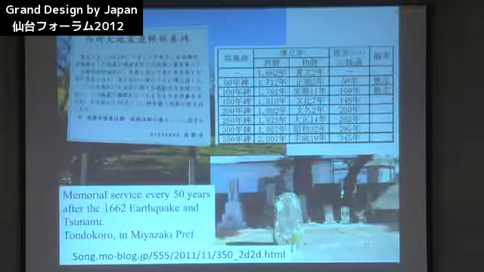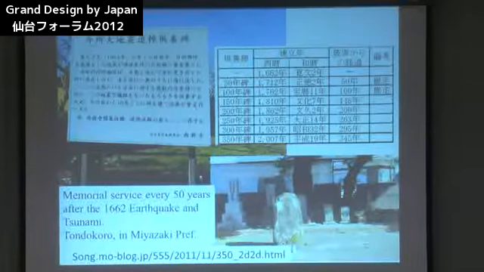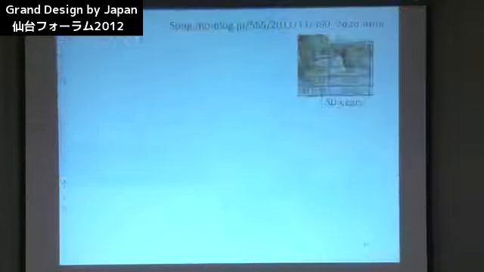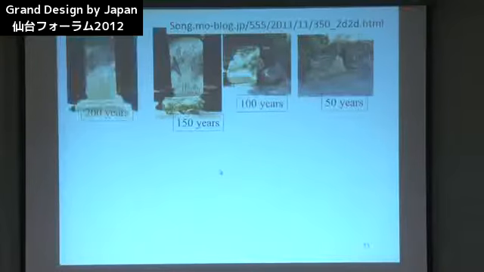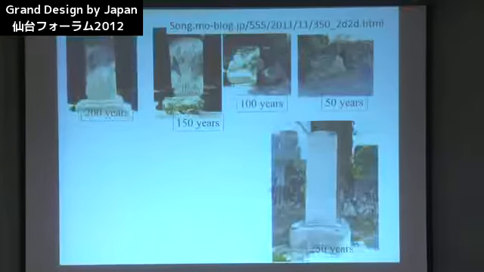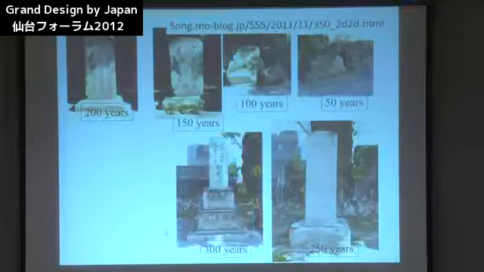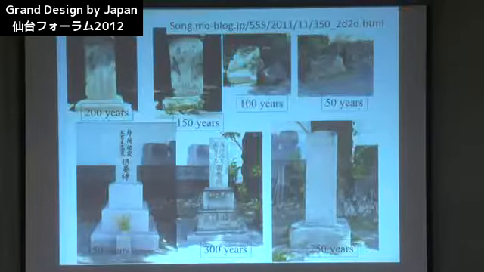An earthquake and tsunami occurred in 1662, so with a memorial service, they built this monument. So 50 years after, 100 years, 150 years, 200 years, 250 years, 300 years after, and 350 years after that tsunami. By this means, we can continue the memory.